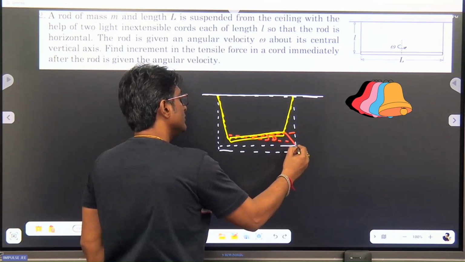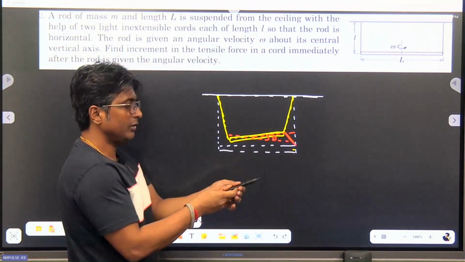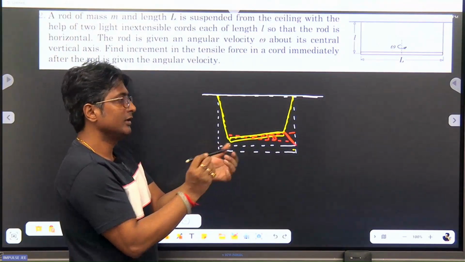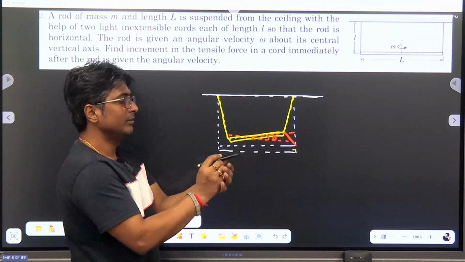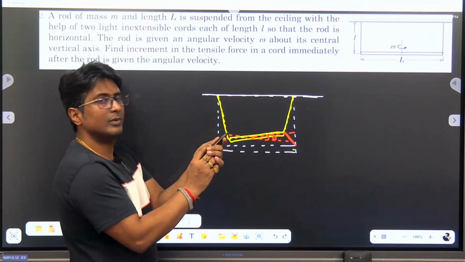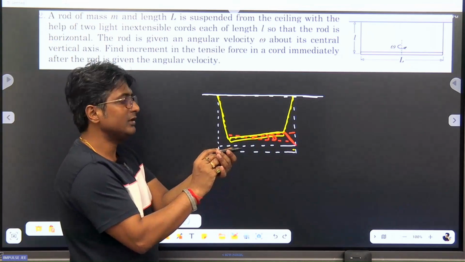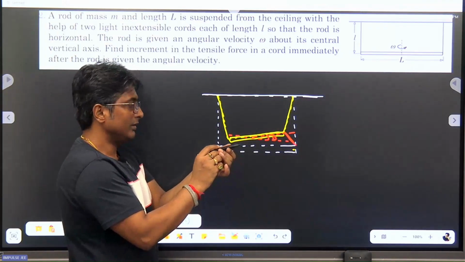So this arc length, because this is the rod, it is going to rotate like this. So this arc length will be angle times this radius. But since this string is going to be tilted, this portion will lift. If this rod becomes horizontal, then it could have rotated in this horizontal plane like this.